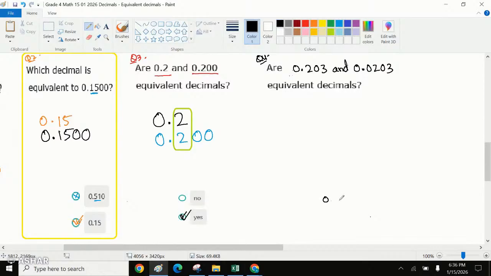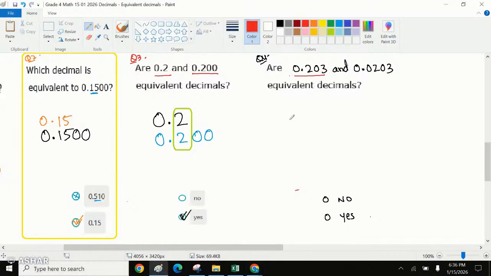The first option is no. The second option is yes. Let's see. What can we say about these two numbers? In the question number 4, are these two numbers equivalent decimals? Yes, thank you, Rowan. Why are they not equivalent?